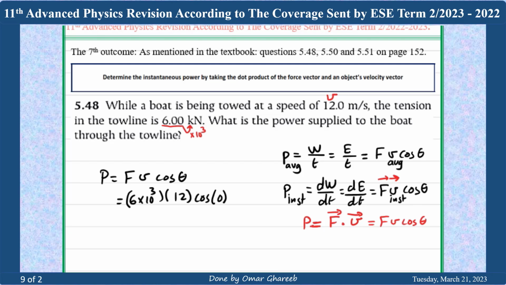We have 6 times 12, which is 72 times 10 to the 3 watts. And you can convert it to kilowatts.